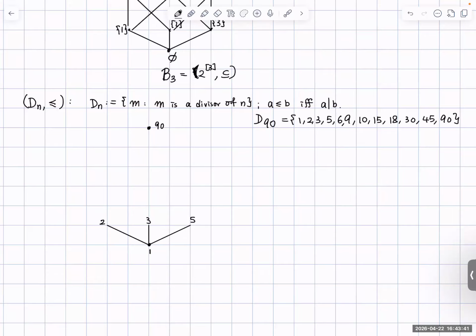And then 2 and 3, you will get 6, right? And then 3 is actually going to give me 9, right? And then we would not have 4 because there's no 4 here. So we already taken out 1, 2, 3, 5, 6, and 9, and then we have a 10.